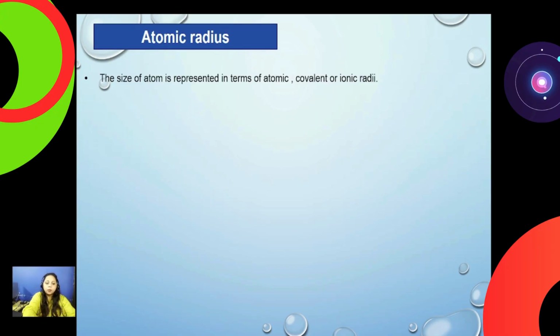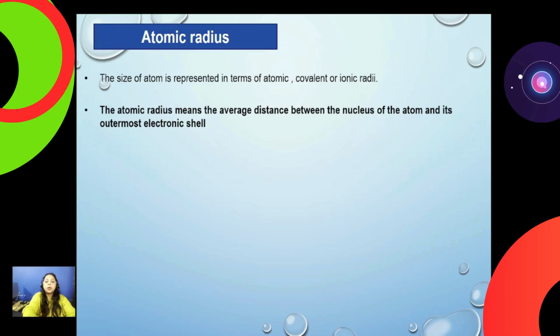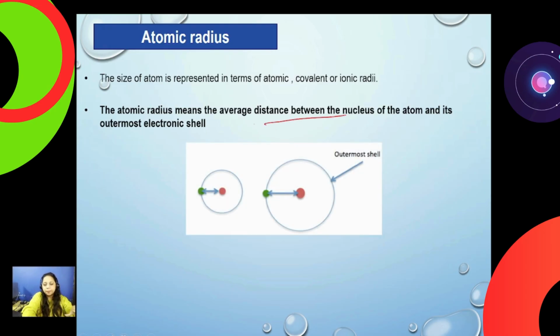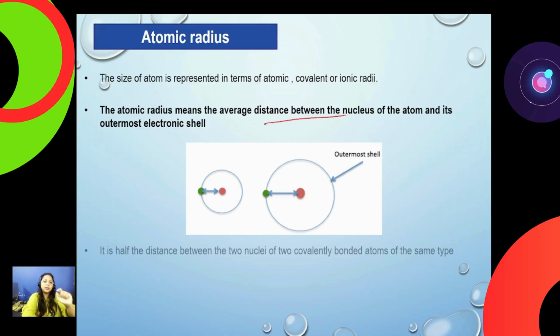When we talk about the size of an atom, atomic radius is the average distance between the two nuclei. We usually take it as the distance between a nucleus and the outermost shell. But here is a twist.